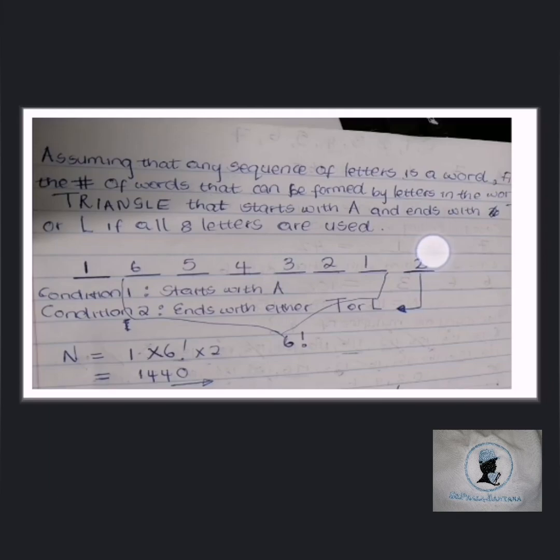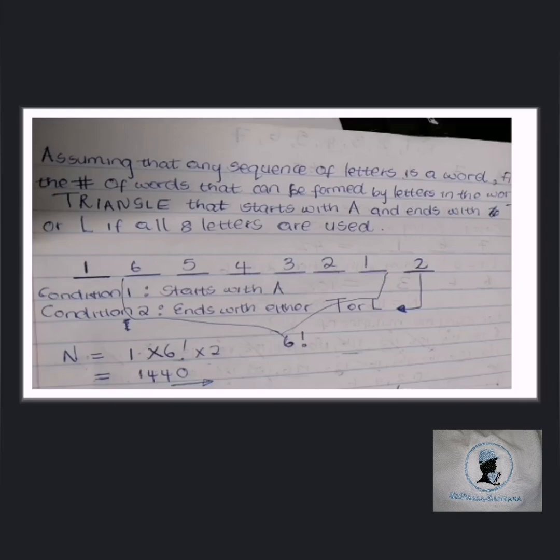So we come to the last position. The last position can either be an L or a T. So we have 2 different letters to choose from. So this one we are going to say it's a 2, because we are saying from 2 letters choose one and then put it in that position.